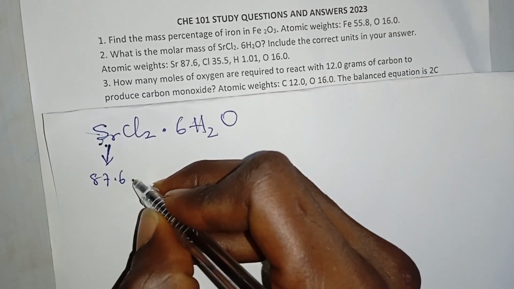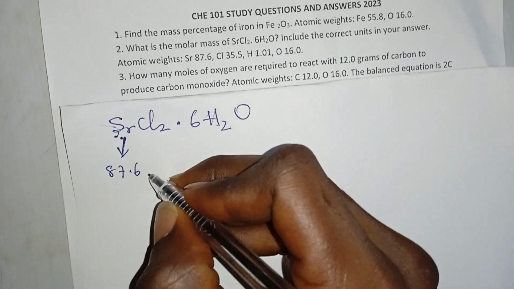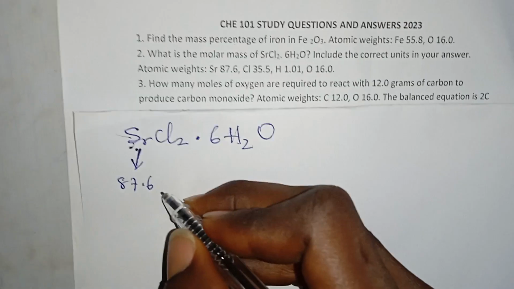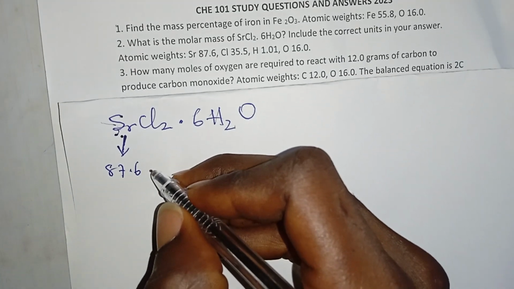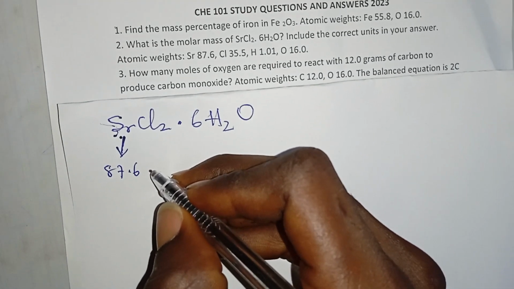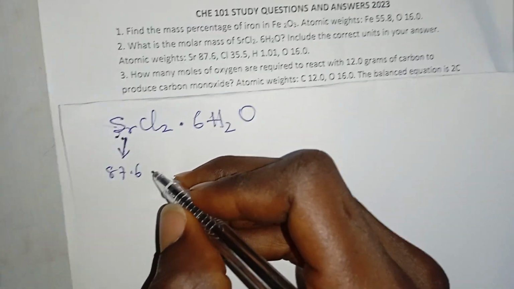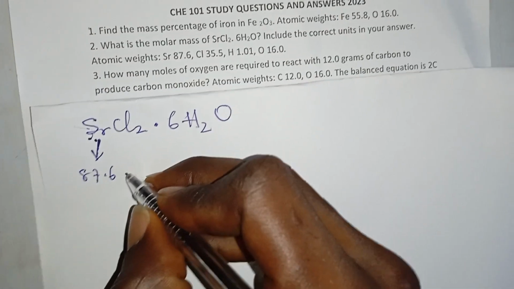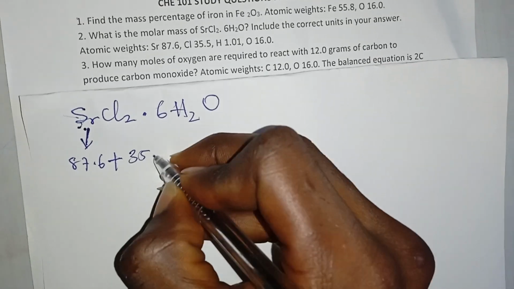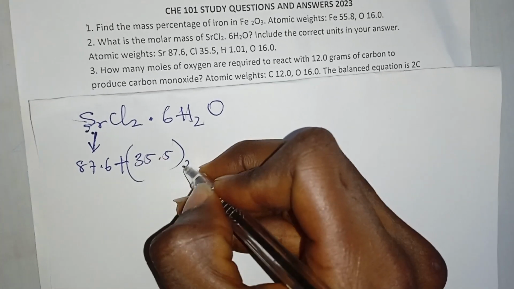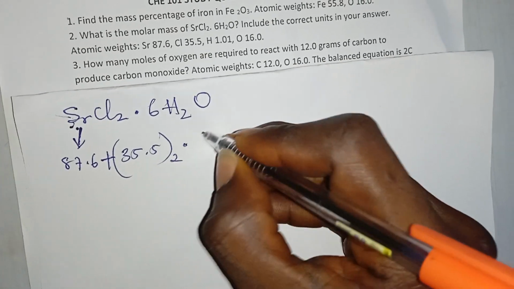I told you molar mass or molecular mass is simply the sum of all the atomic masses of the elements in a compound. So plus Cl is 35.5. Now notice there is 2 there. Dot 6.